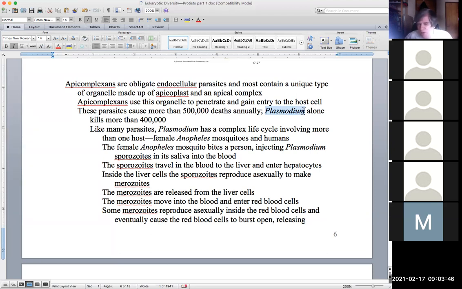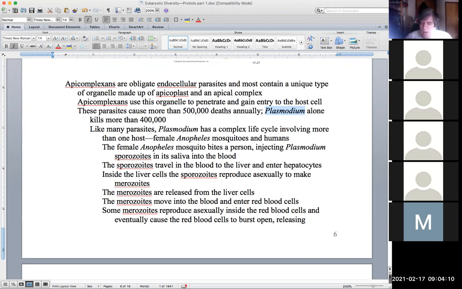Plasmodium by itself kills more than 400,000 people. Plasmodium is the genus of Protista that cause the disease that we call malaria. There are several types of Plasmodium. Some of them cause more severe types of malaria than others.